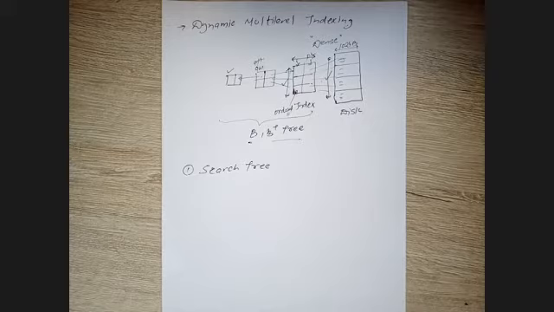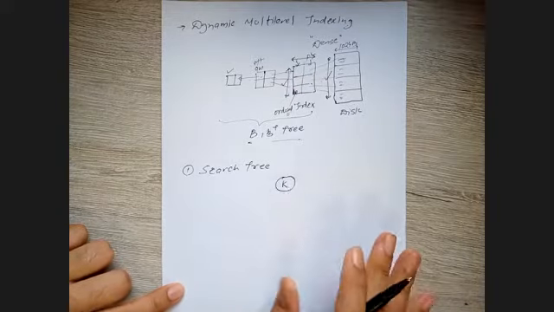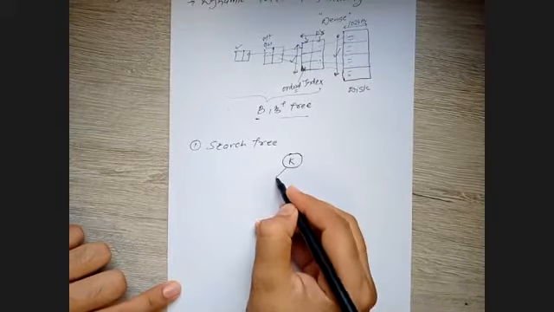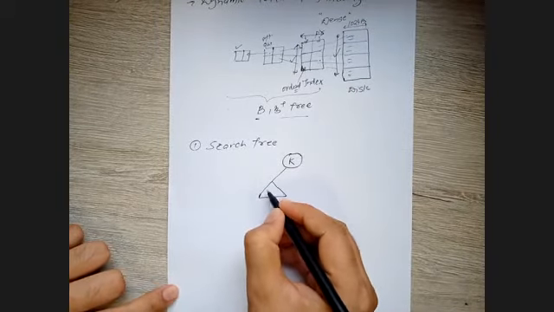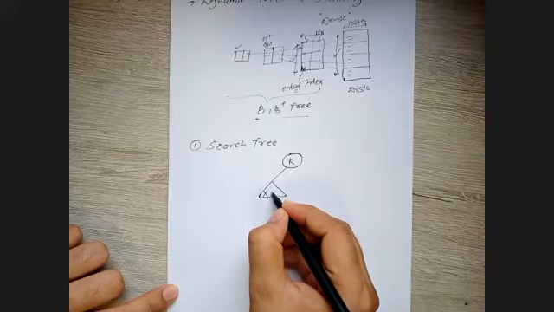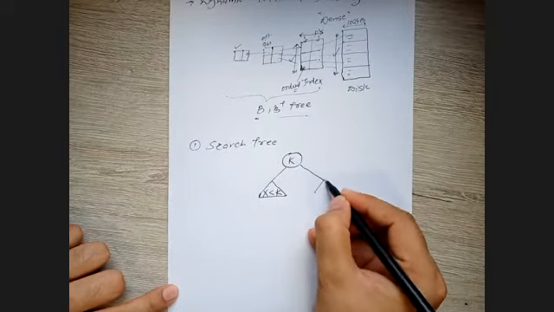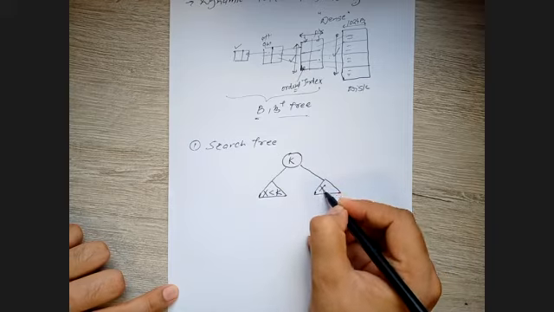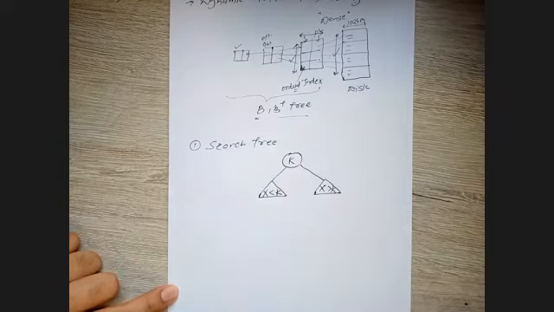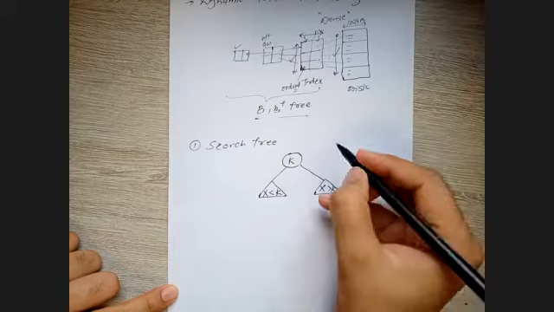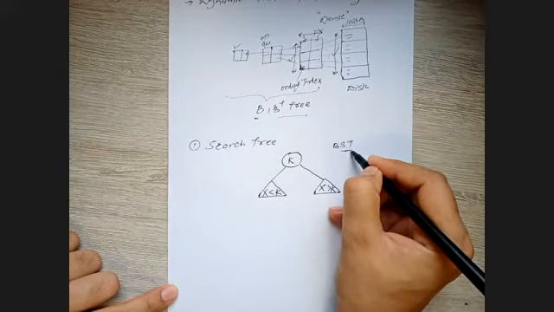For example, if this is a k element, then all the elements present on this side, let's say some x element, are less than k, and all the elements on this side are greater than k. This is called a binary search tree.